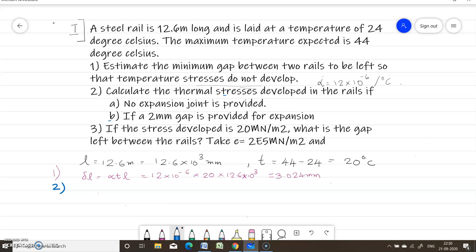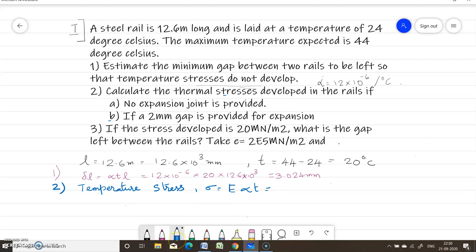No expansion joint provided means it is fully prevented from expanding. So we can write the temperature stress or thermal stress, we have designated it as sigma. Temperature stress sigma, you know the equation, is equal to E into alpha into T. E is the Young's modulus of elasticity.